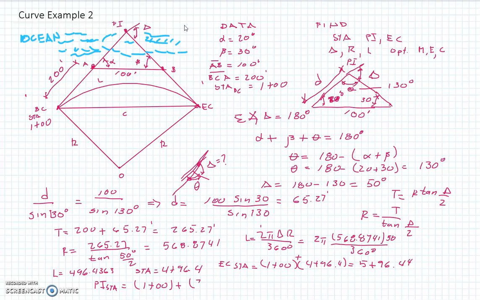Converting to stations, that is 2 plus 65.27, and this will be 3 plus 65.27. So I already found my delta, my radius, my length, and the station at the PI and the station at the end of the curve.